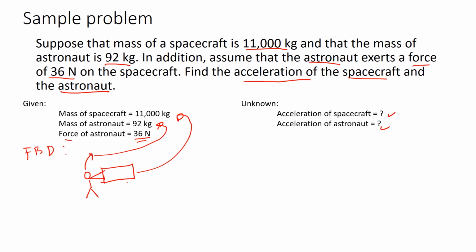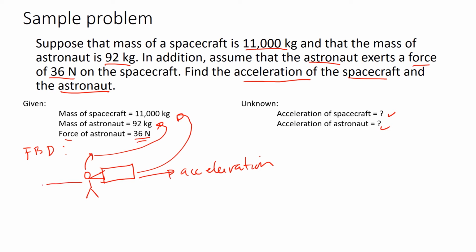So the spacecraft has an acceleration which is unknown, and we can assume that this is directed towards east, and this is a positive value.